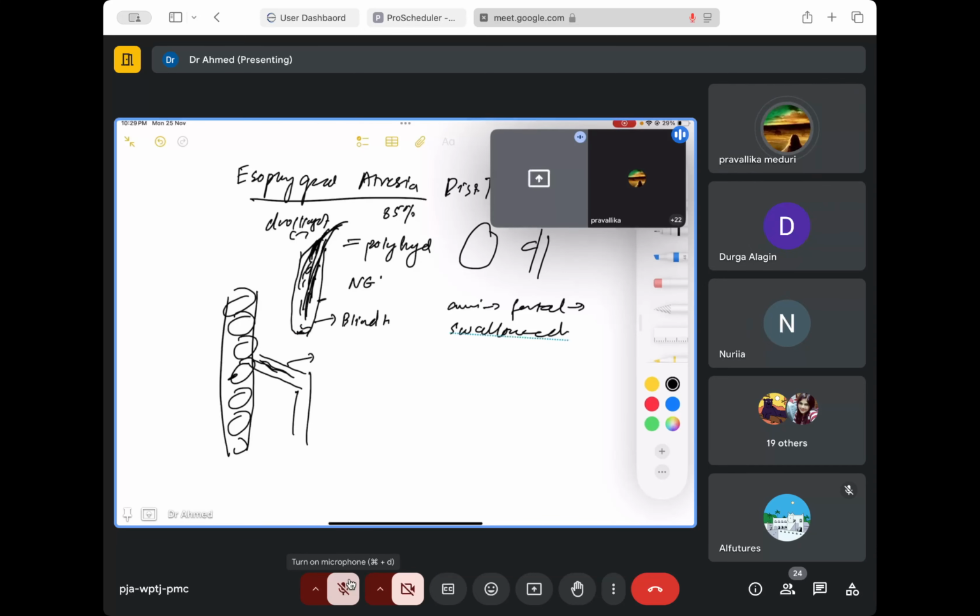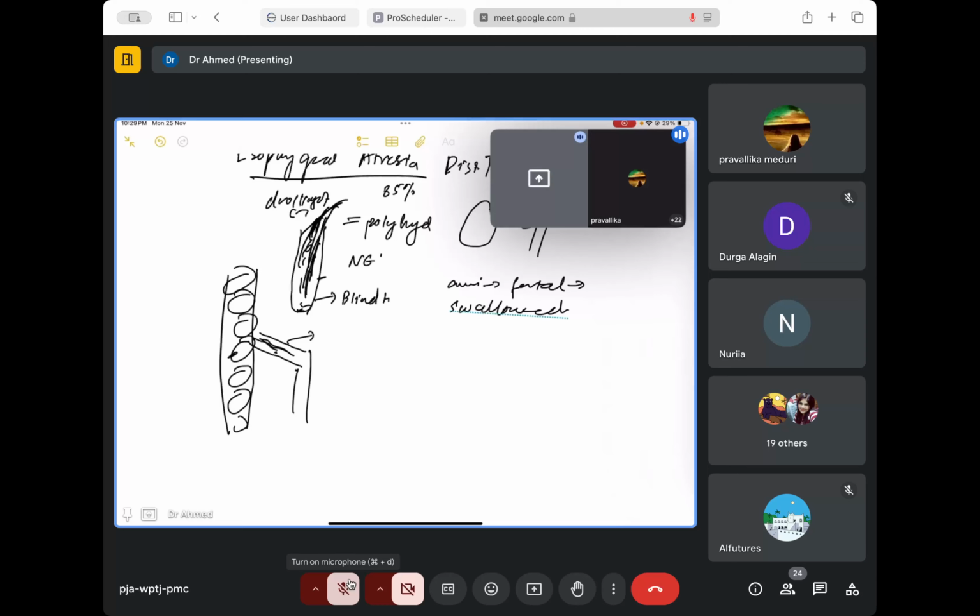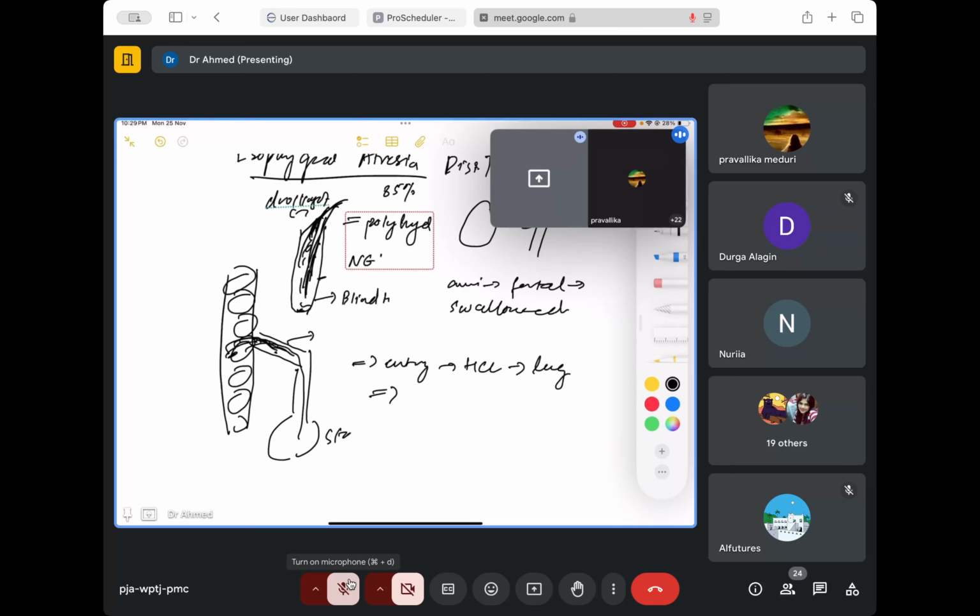But sometimes, as you know, the distal part is connected to your trachea. So either gas can enter your stomach, or the stomach content can enter your trachea and your lungs. So you can see entry of, let's suppose in this case, HCl into your lungs, or entry of air into your stomach.